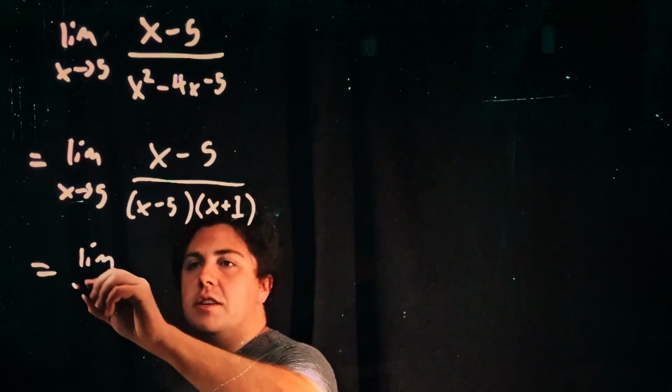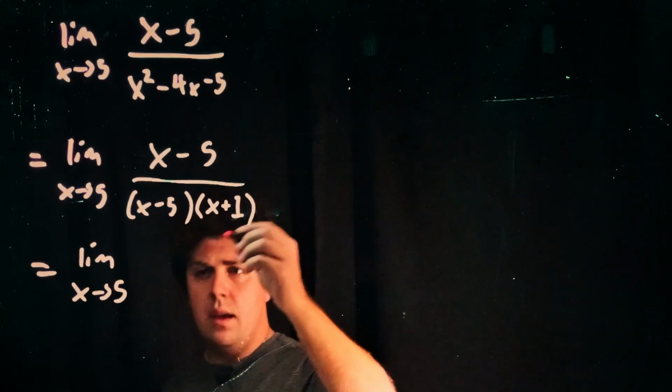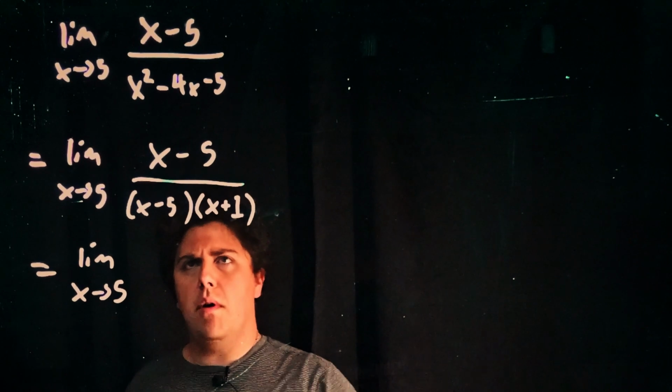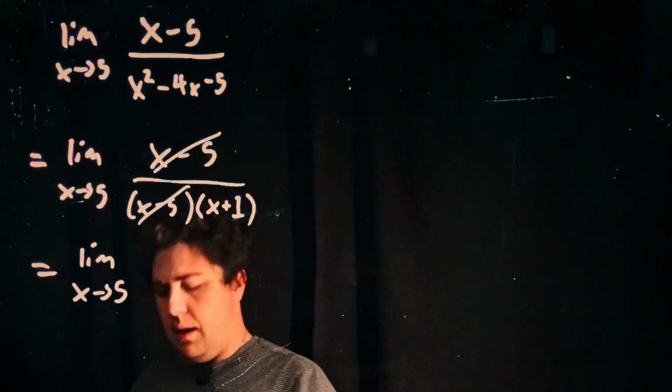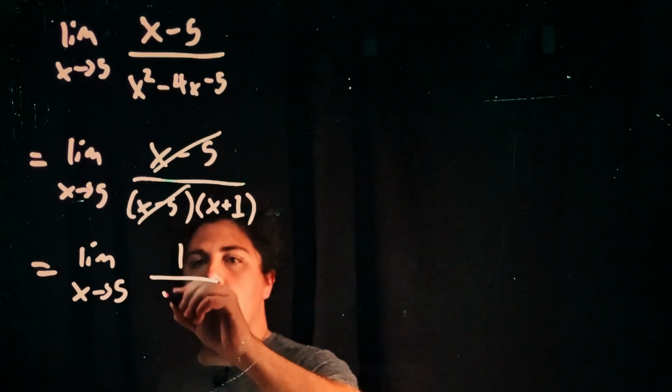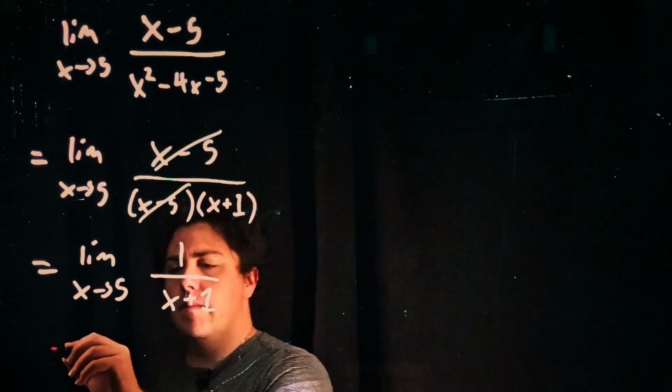Now we can do the same thing as we did before, and we can just divide out by x minus 5 on the top and bottom, and what we get is that this is the same as the limit of 1 over x plus 1.